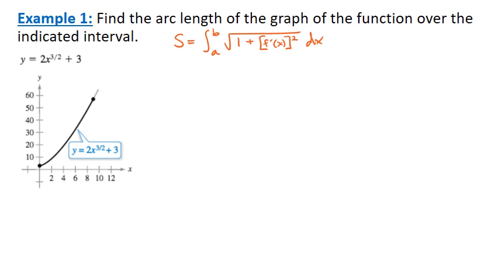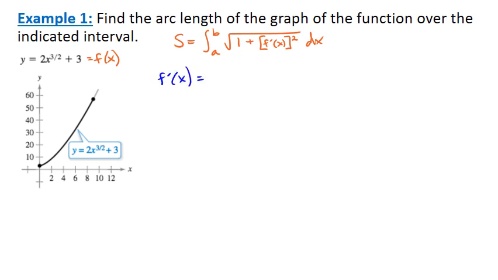So what we need to do is identify what the derivative is. Now remember, y is the same thing as f of x. So we know f of x is this given function, and we need to find the derivative of that.